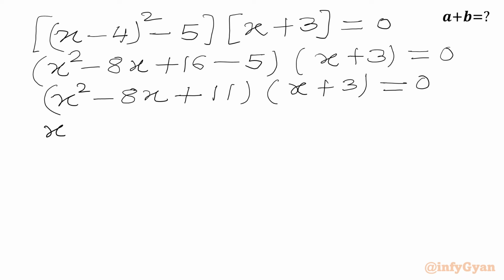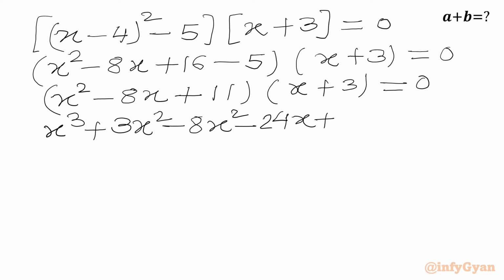Now we will multiply. So we will write x square times x, x cube, plus x square times 3, 3x square, then minus 8x times x, minus 8x square, minus 8x times 3, minus 24x, 11 times x, 11x, 11 times 3, 33, equal to 0.